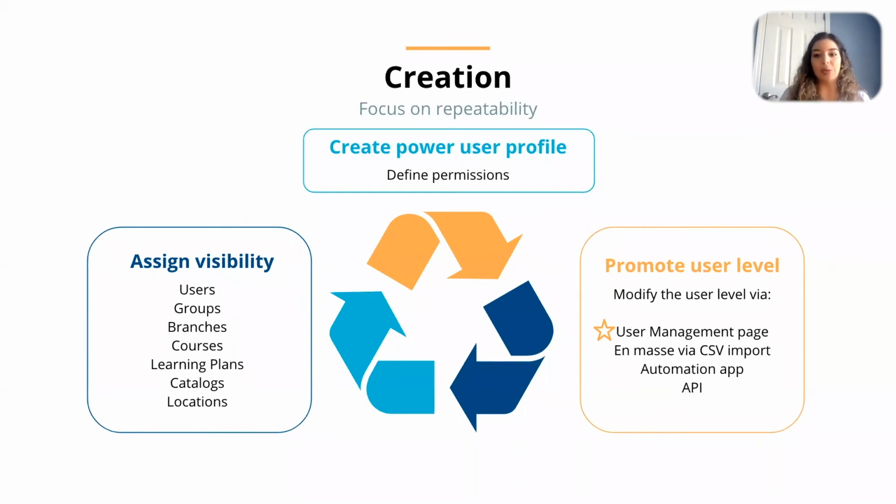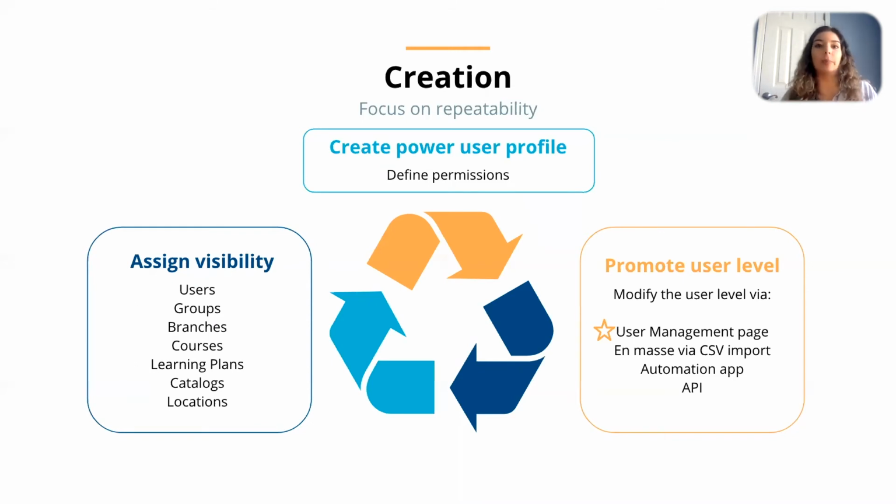So now we need to make sure that once we have our power user profile, we have our user then being promoted to a power user to then receive access to that power user profile's permissions, as well as the visibility to certain users, courses, etc. So we can do that in many different ways. And if you are starting out, the biggest one is probably going to be just directly through the interface, right?